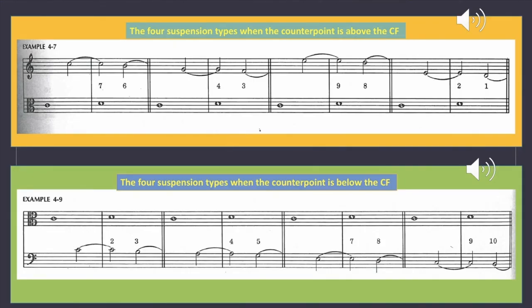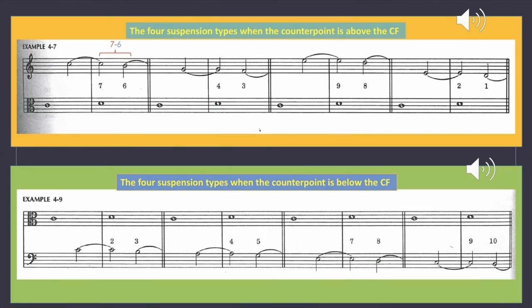Let's look at the individual suspension types. Start at the top, the 4 suspension types when the counterpoint is above the cantus firmus. So 7-6 suspension, that's our common one.